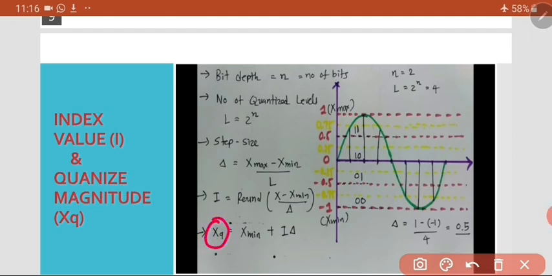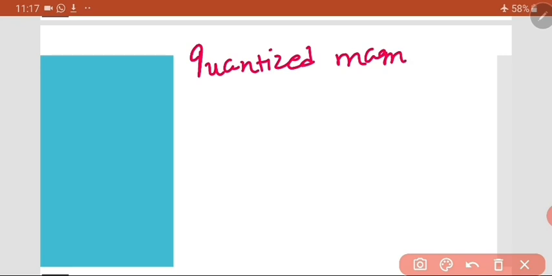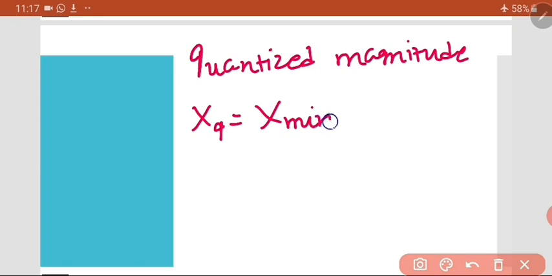The equation of xq is x min plus I delta. Let's take the equation again and see how it works. xq is equal to x min plus I, the index value, times delta, the step size.